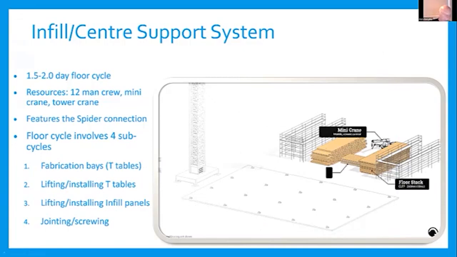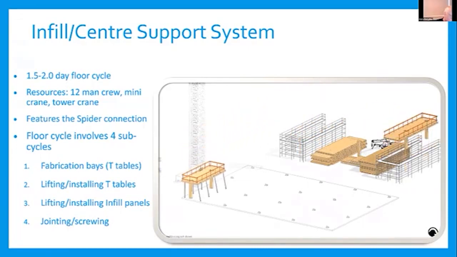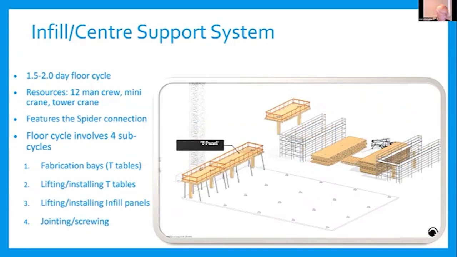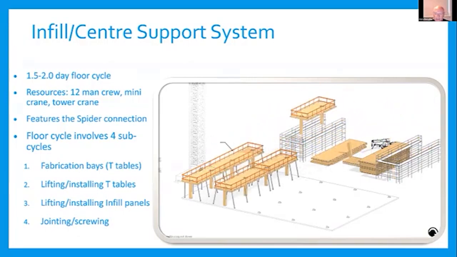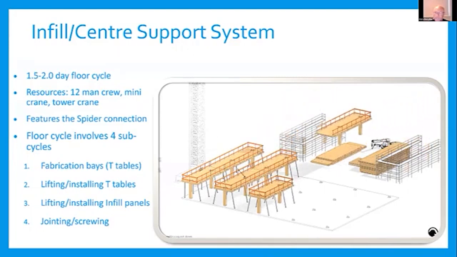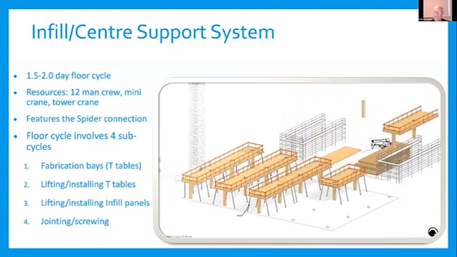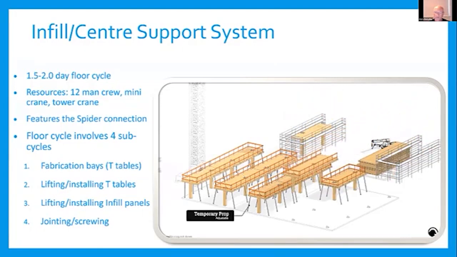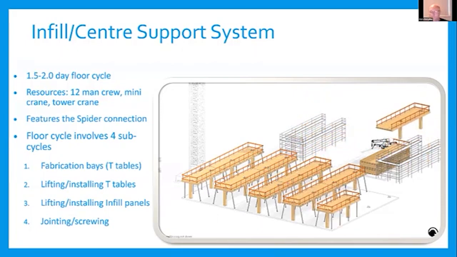So you can see the fabrication bays set up on the side of the building. The orange part is edge protection for safety. You can see temporary push-pull props stopping the tables from falling over.